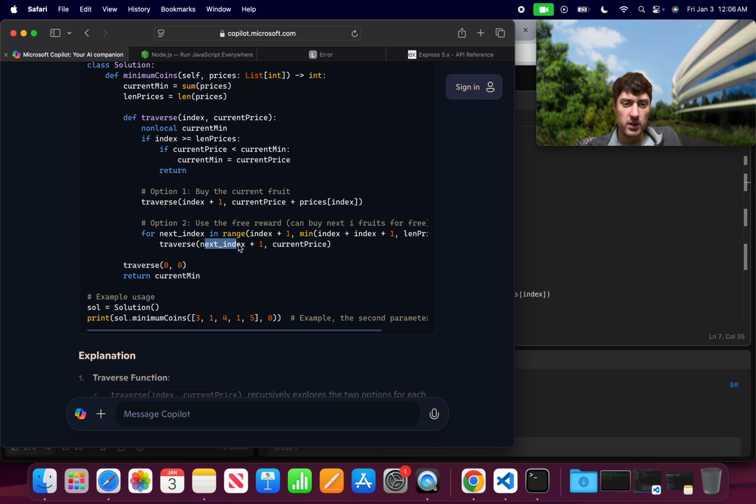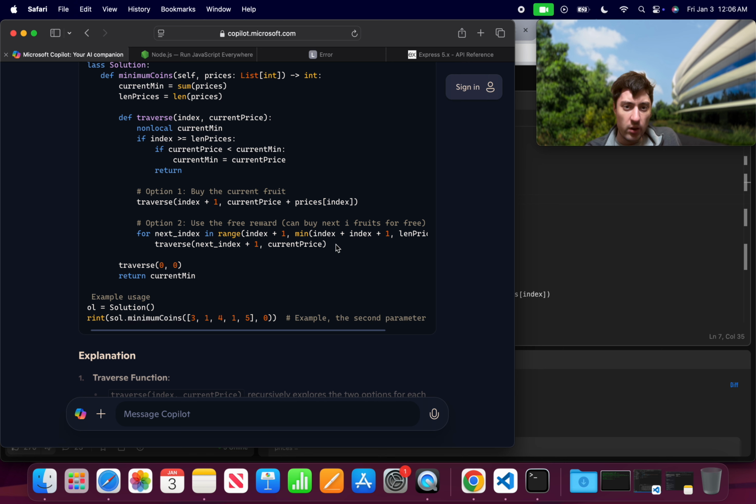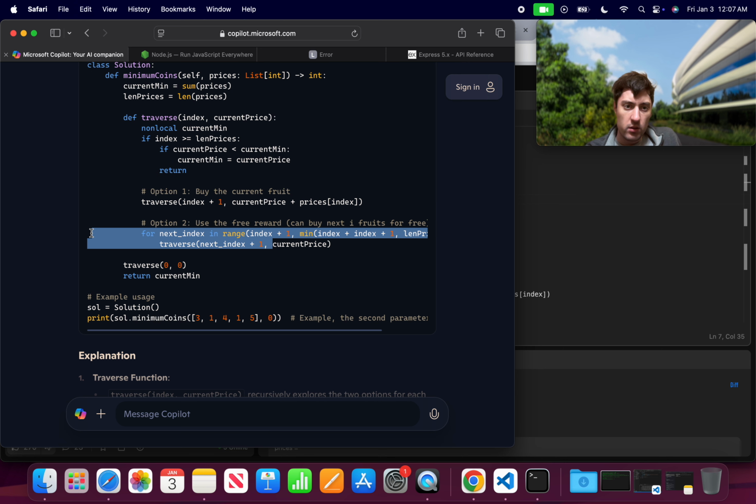Traverse next index plus 1 current price. So we're going to traverse each node or each element after where we currently are. What a weird... This is weird right here.